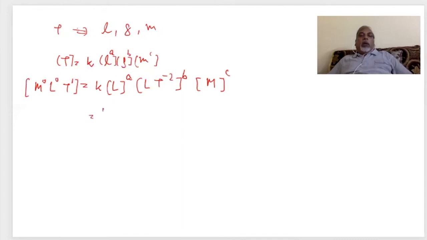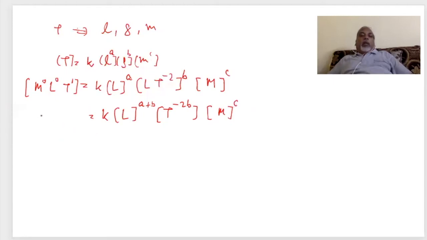Here again, if we write it, then L will be nothing but a plus b, T will be minus 2b, and m is nothing but c.